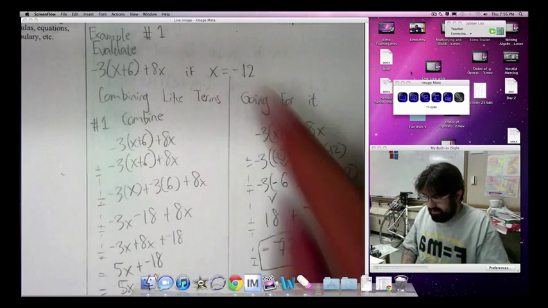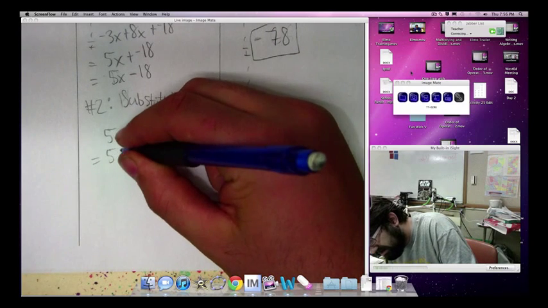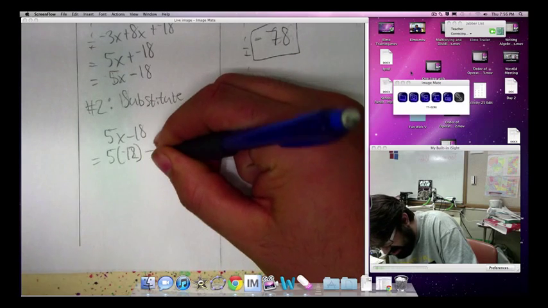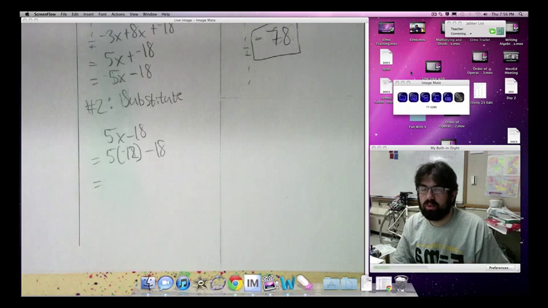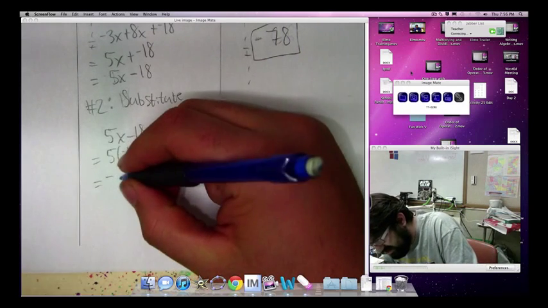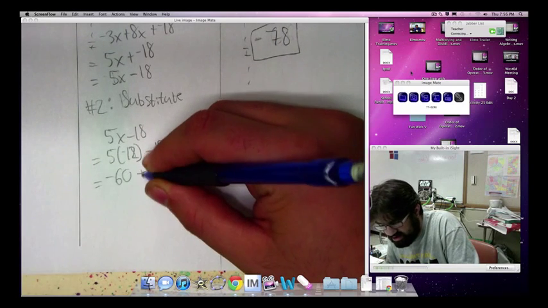Plugging in negative 12. 5 times negative 12 minus 18. 5 times negative 12 is negative 60 minus 18. Might as well change that into plus negative.